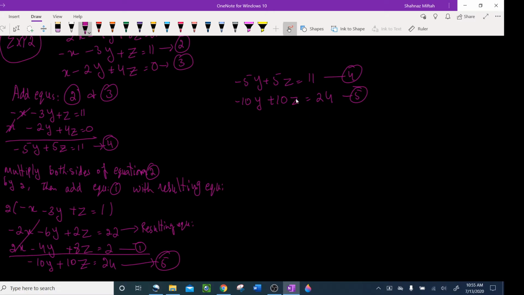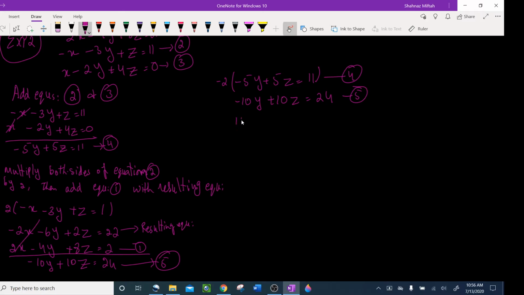So in order for me to do that, we can try to eliminate either y or maybe z. Let's try y. So I multiply by negative 2, so I can get the positive 10. The signs are supposed to be different so we can eliminate them. If I do positive 2, I'm going to get negative 10 anyway, so I can't eliminate, so I have to have a negative 2. So I'm multiplying by negative 2 there.